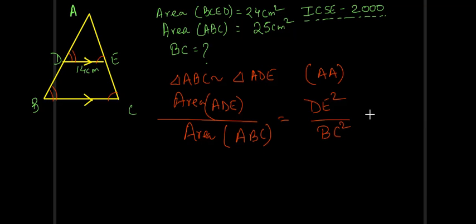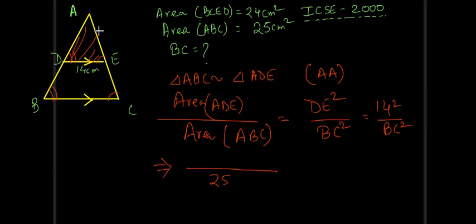Now do I know what DE is? Yes, 14 square by BC square. Do I know the area of ADE? I don't know, but ABC I know, so 25. And what is the area of this part?